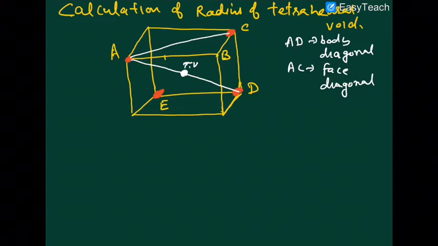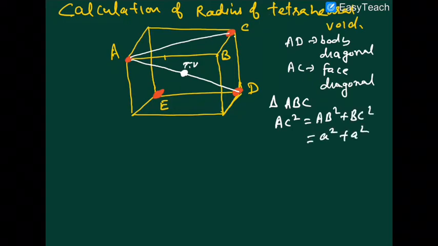AC is the hypotenuse of the right angle triangle ABC, so in triangle ABC, AC square is equal to AB square plus BC square, where AB and BC are the 2 edges. So AC comes out to be root 2 times a.